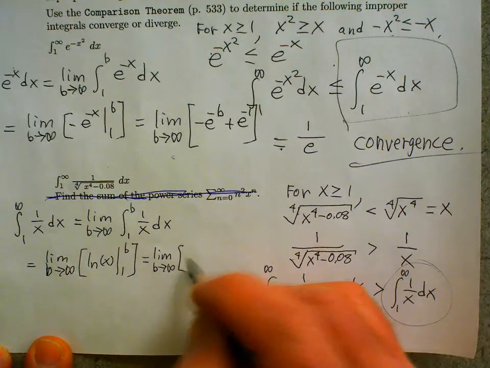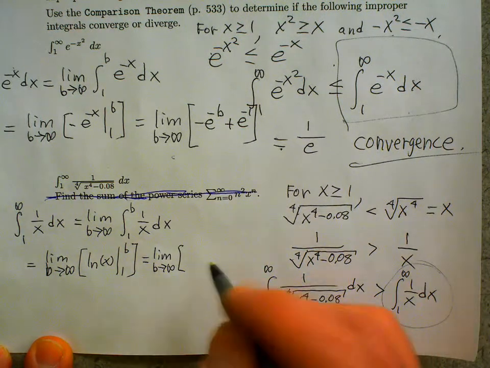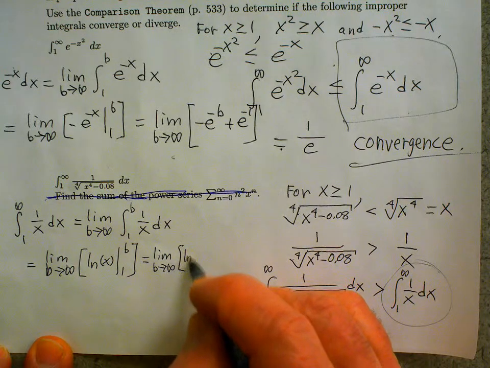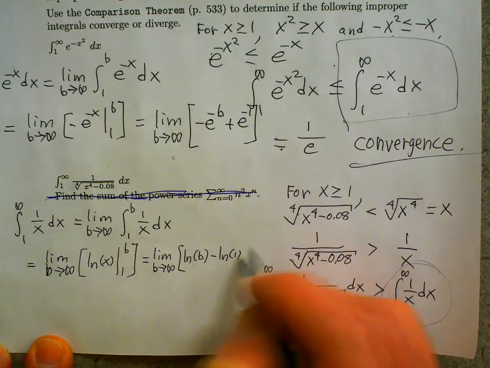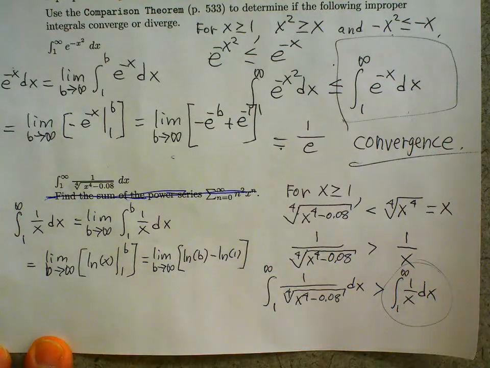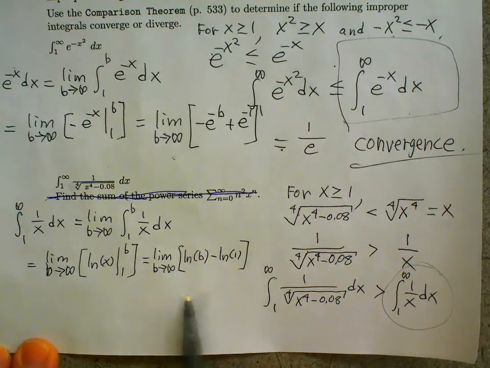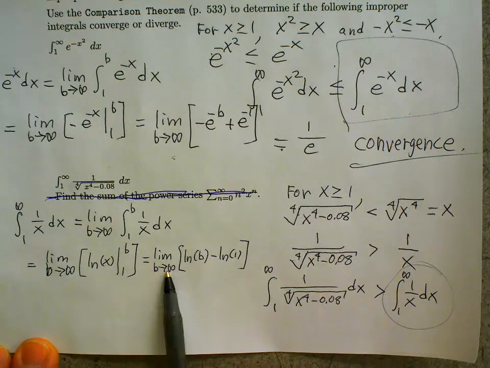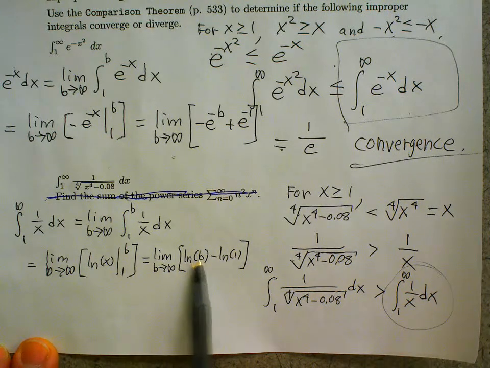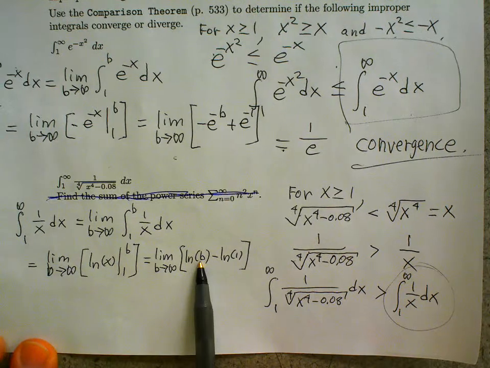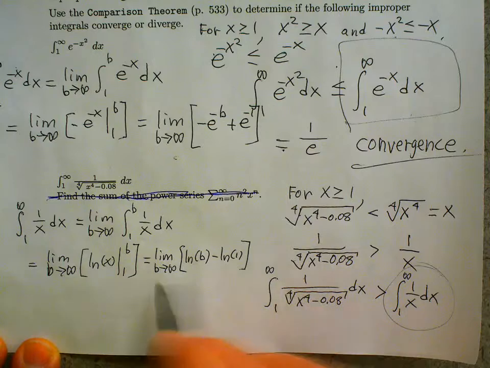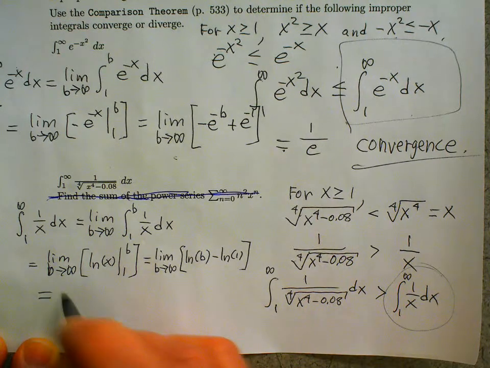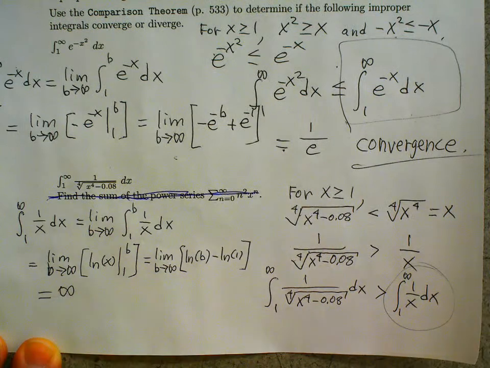Okay, so the limit as b approaches infinity of the natural log of b minus the natural log of 1. The natural log of 1 is 0, but as b approaches infinity, the natural log of b is also infinite. So this limit diverges to infinity. So for convenience, we just say that it's infinite.